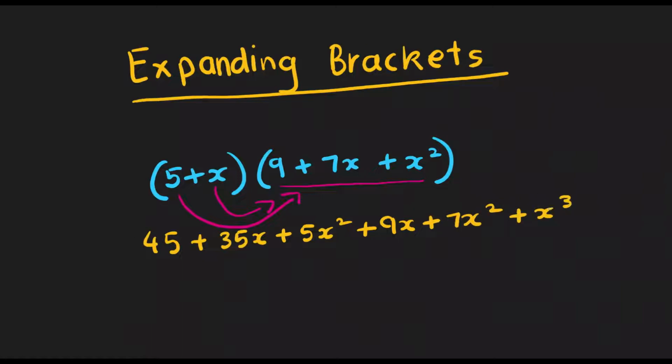Now we need to combine the like terms in order to further simplify this. So when we combine the like terms, we would get 45 plus 44x plus 12x squared plus x cubed.